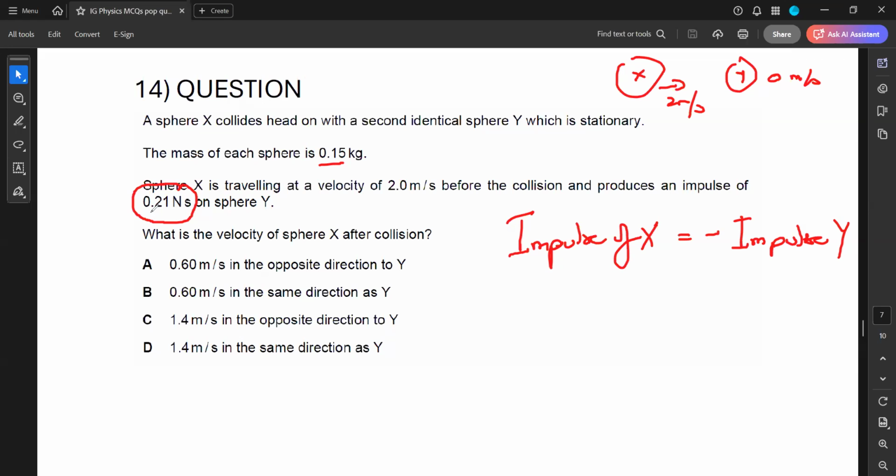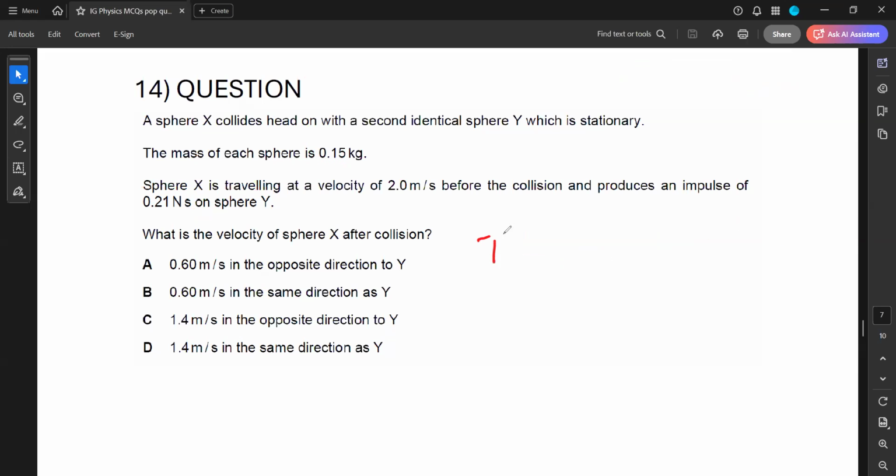They mentioned that the change in momentum is 0.21 Newton second on sphere Y. So if I use this formula, the impulse is equal to the final momentum minus the initial momentum. What about the impulse here?